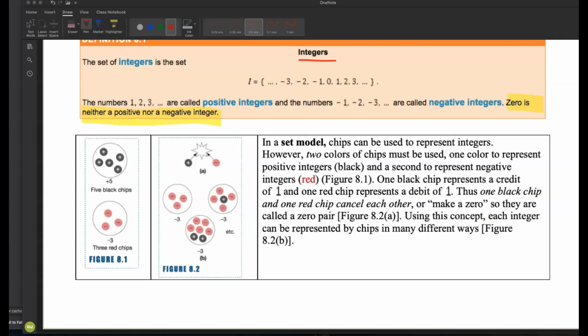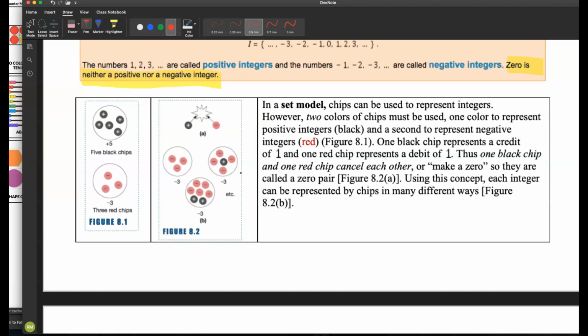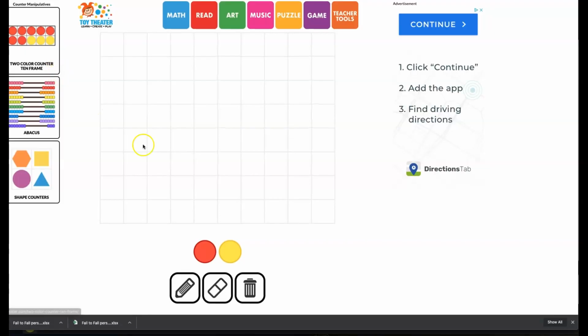And so again, as we're thinking about this, we have colors. One color represents a positive and one represents a negative, as you look at those there. And so we use those to represent a situation. So looking at this situation here, one positive, one negative represents zero, the idea that they cancel out with each other.